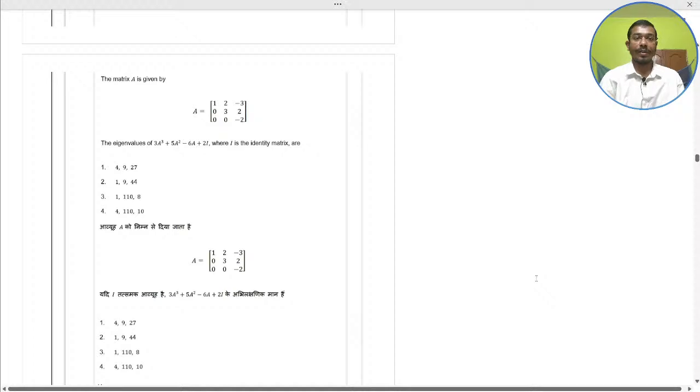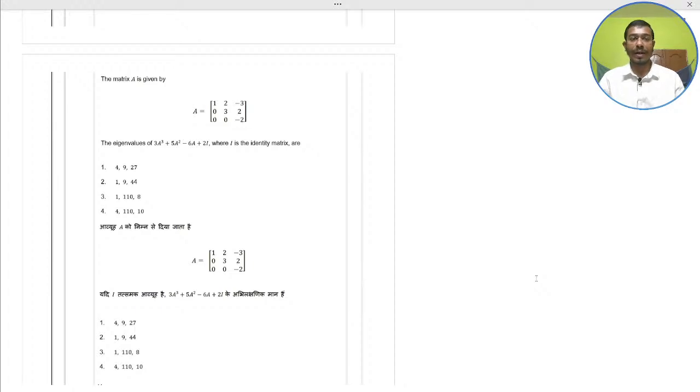Next, the matrix A is given by A is 1 2 minus 3, 0 3 2, 0 0 minus 2. The eigenvalue, this is in the form 3A cube plus 5A square minus 6A plus 2I, where I is the identity matrix. What is it? Simple, you just have to find the eigenvalues.